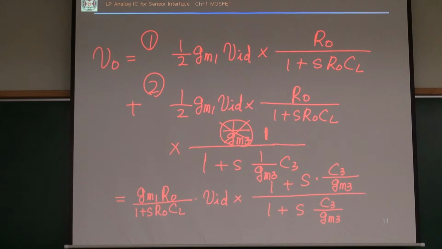There is a 2 here, right? This is a 2 divided by 2, something like that. Is it right? Yeah, something like that. So here I have a dominant pole. This is my dominant pole, 1 over RO CL. And then I have some non-dominant pole. This is some mirror pole, generated by the mirror, and a mirror zero.